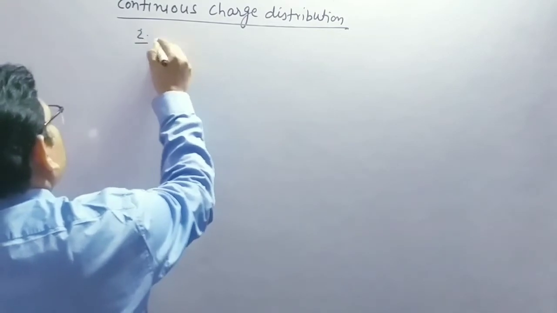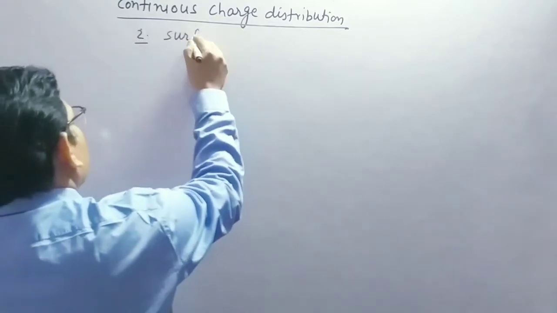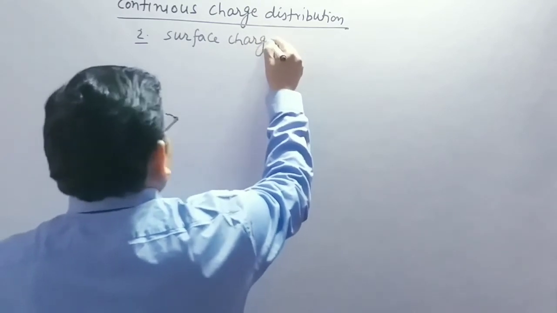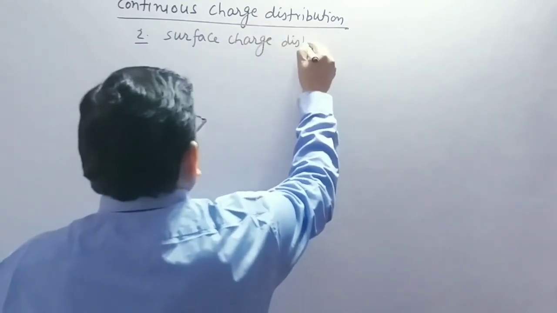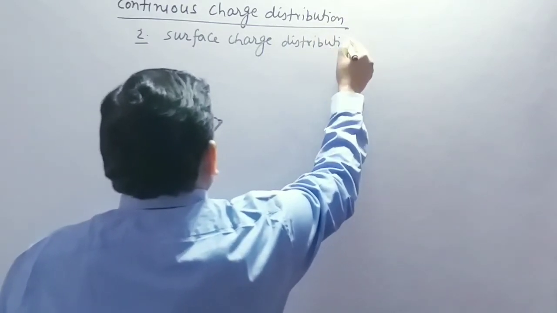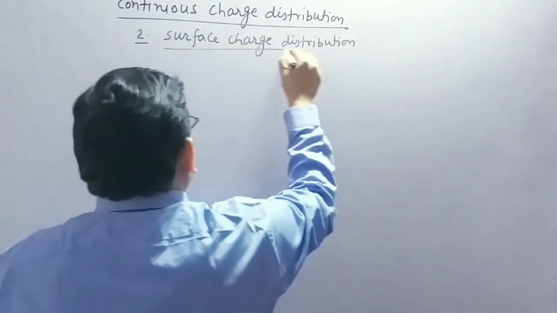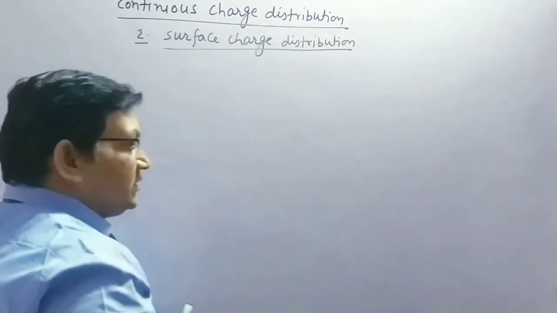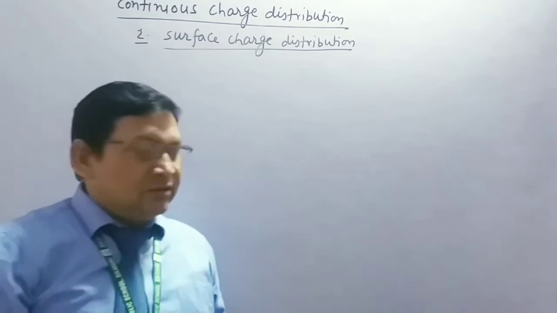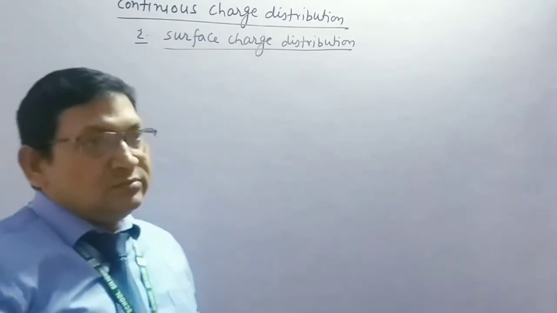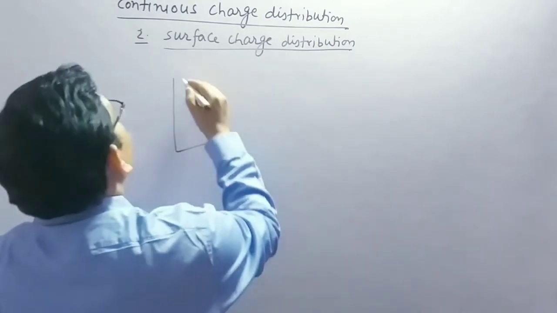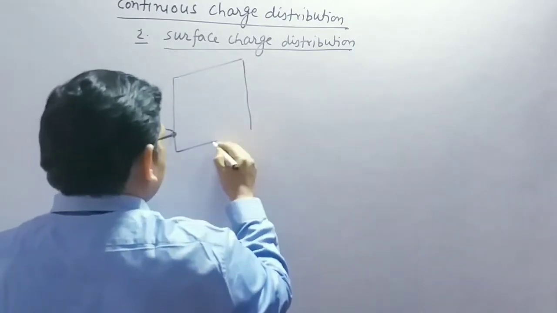In this case, the charge is distributed over a certain surface, and here we have a term that is surface charge density. So here the charge is distributed over a certain surface.